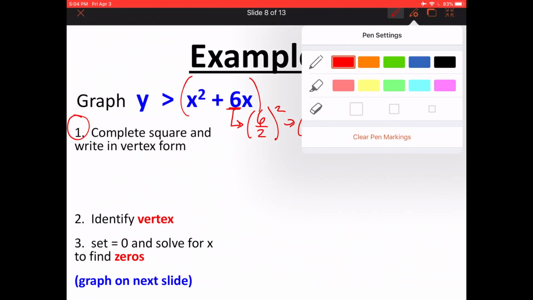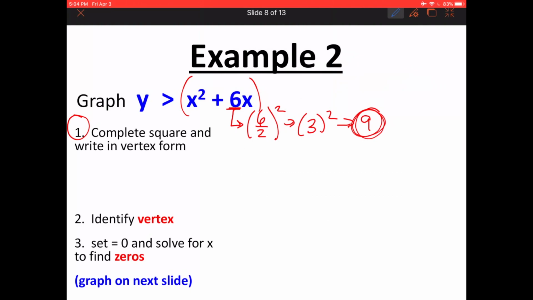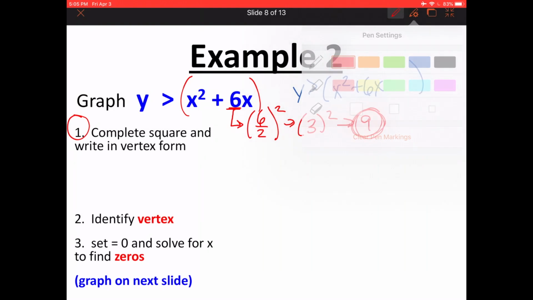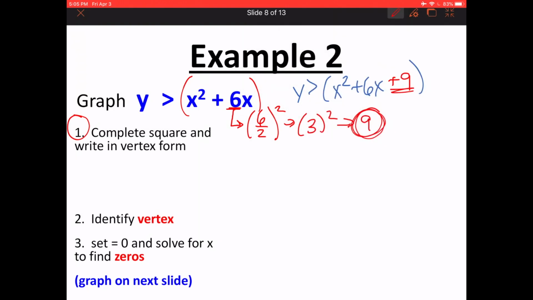So I'm going to take that 9 and I'm going to add it on the inside. So I'm going to have y is greater than x squared plus 6x, but now I'm going to put plus 9 inside parentheses. And remember to keep balance, if I add 9 inside the parentheses, I have to subtract 9 outside of the parentheses.